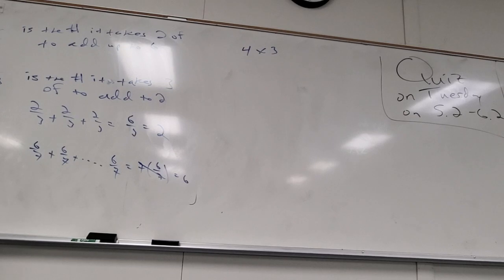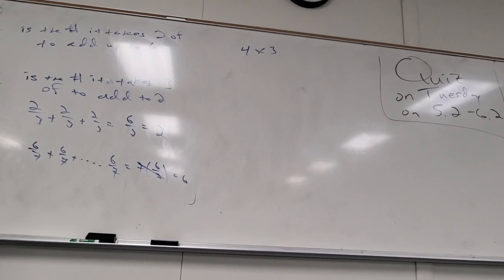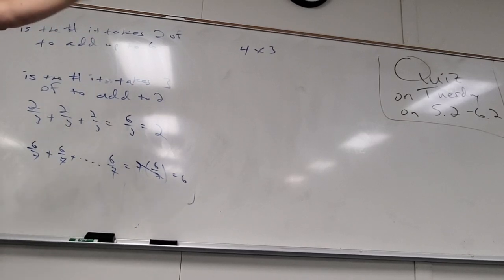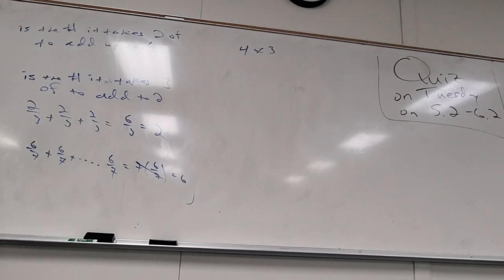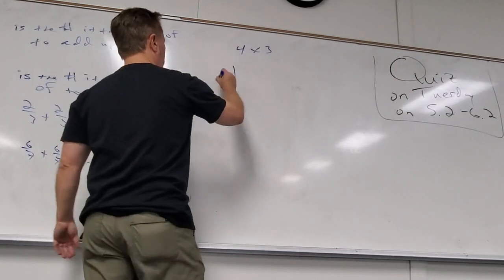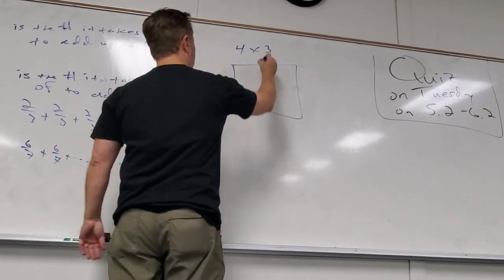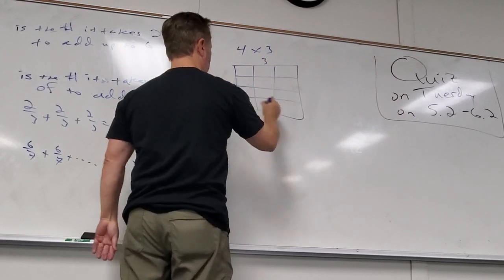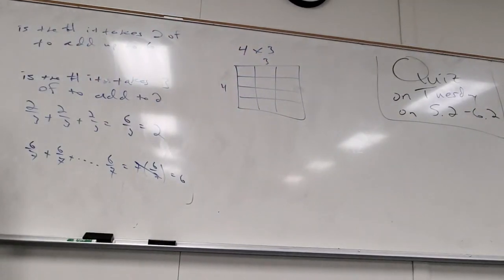Okay. So one way would be the set model. In that case, what would this mean? 4 groups of 3. I love it. What about measurement? What about rectangular array? Right? So this would be 4 times 3. All right. Thank you.